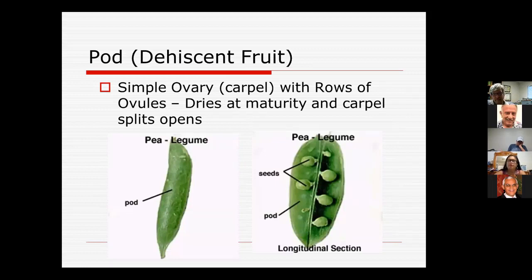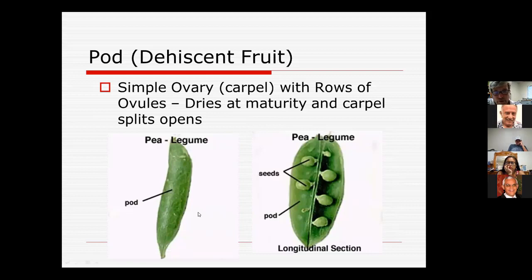Pods, pea pods, the pretty obvious one there. You have the outside layer, beans, peas, things like that, and you'll have this row with the ovaries on them with the seeds. So you have this row of ovules, and each one develops into a pea or a bean.